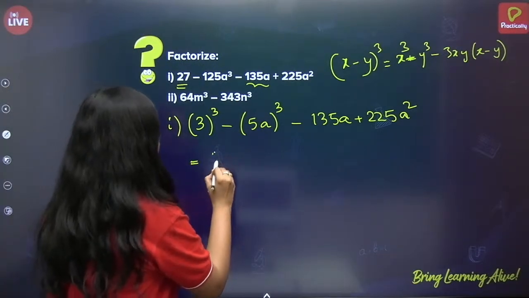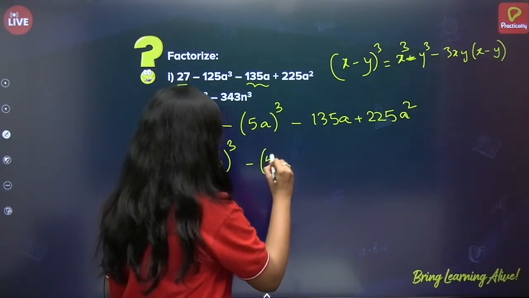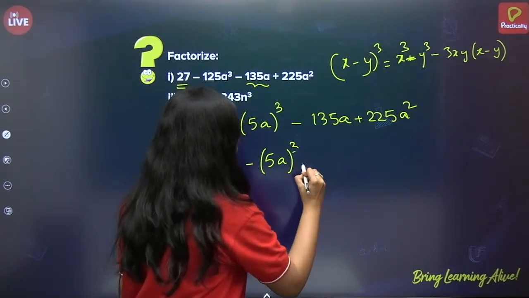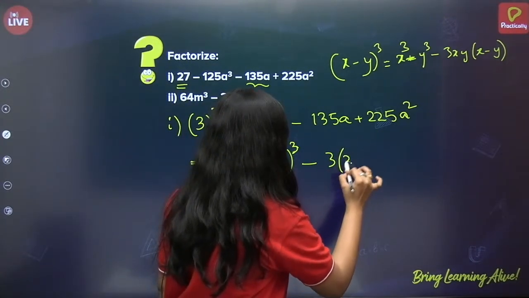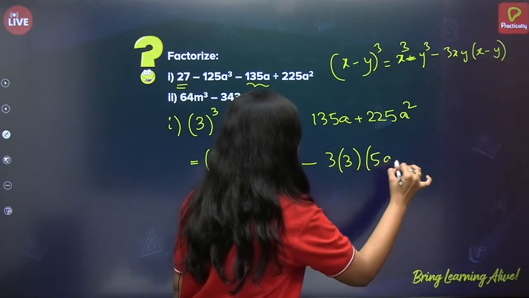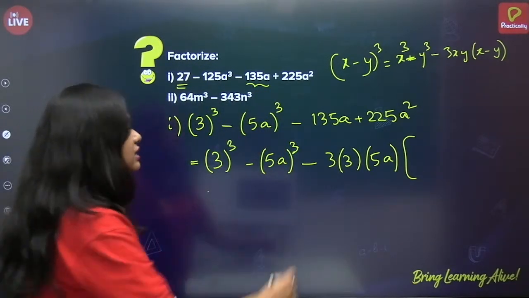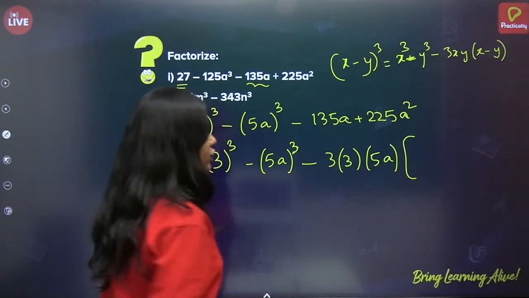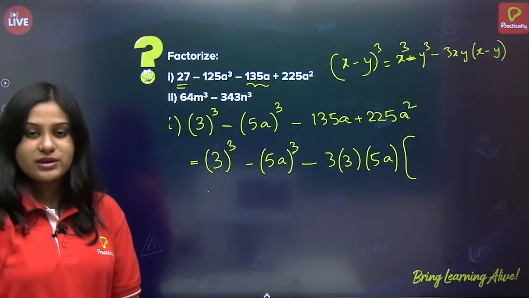Alright. So 3 cube minus 5a cube minus 3xy. So 3 into 5a. 3 3s are 9, 9 5s are 45, correct? And 45 into 3 is 135, right?